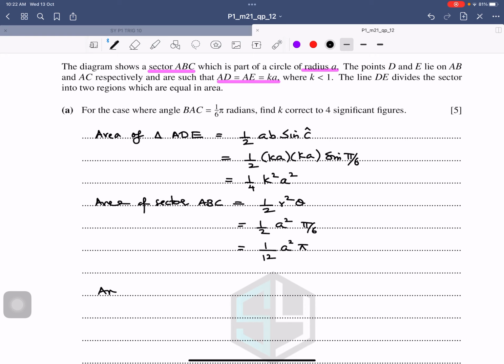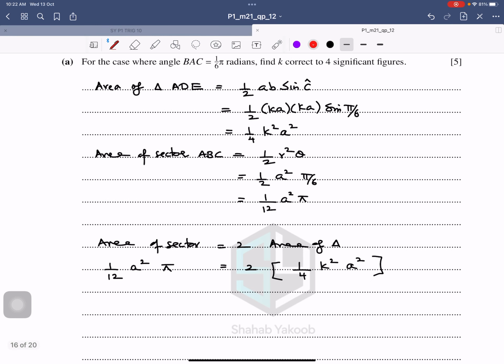Area of sector is 2 times area of triangle. So therefore area of sector is 1/12 A squared pi, that is 2 times area of triangle, that is 1/4 K squared A squared. And what can you cancel off?